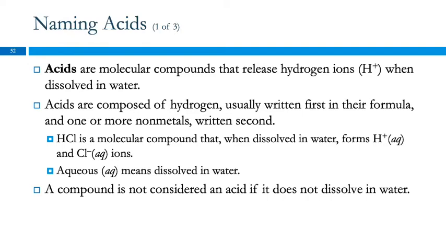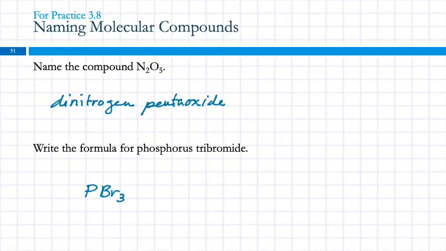I guess there's one other thing I should say about these, or maybe 2. What's the name of this? It's carbon monoxide. So there's 1 carbon, but because it's the first one, we don't say mono.